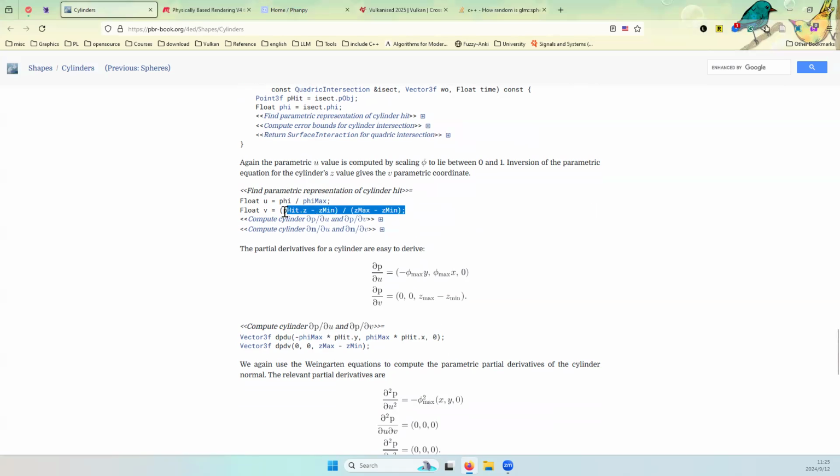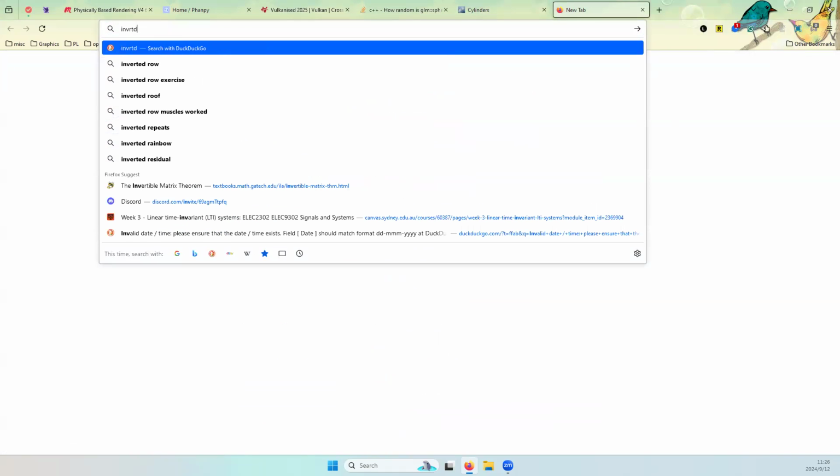Is this like inverse lerp? I think it's just a scale. Yeah, I think this is inverse lerp. I mean, you divide by the range, subtract the max.